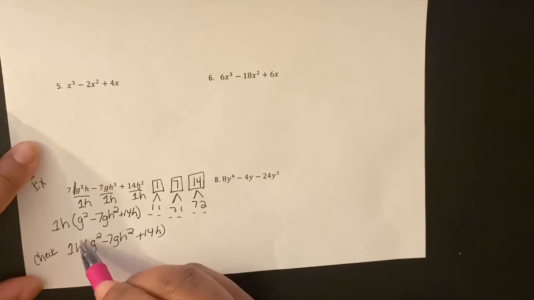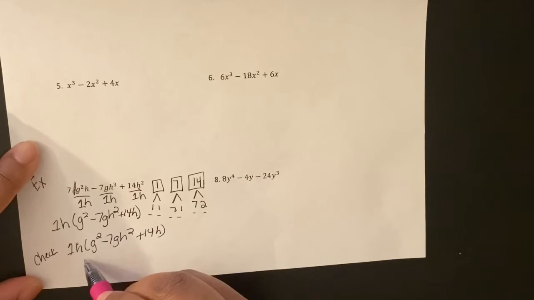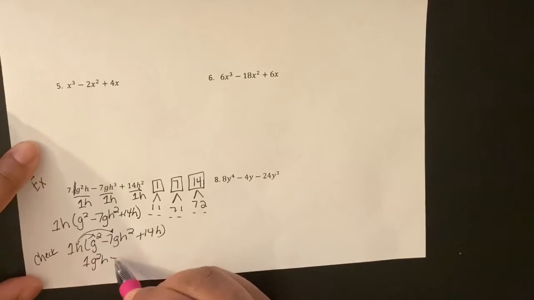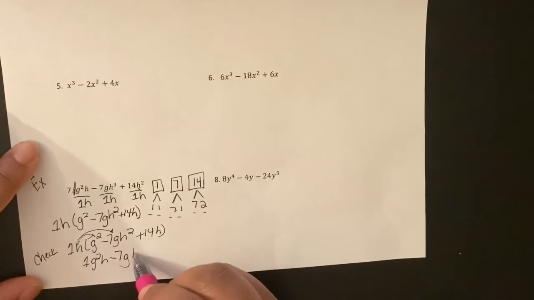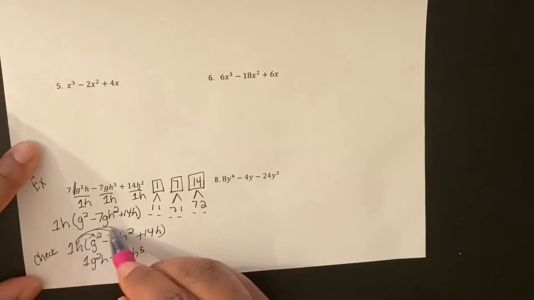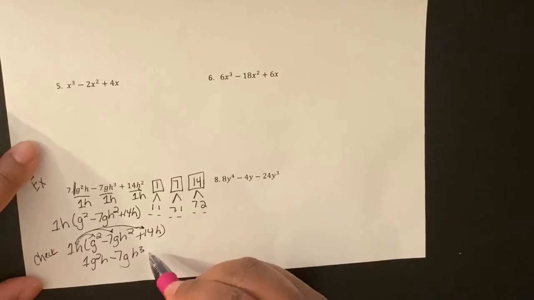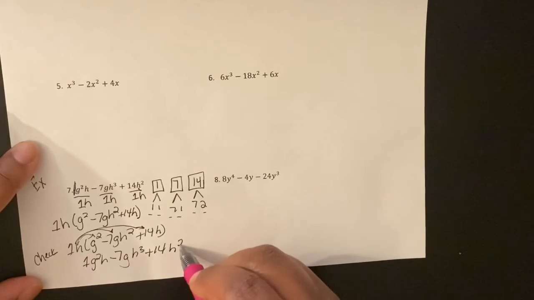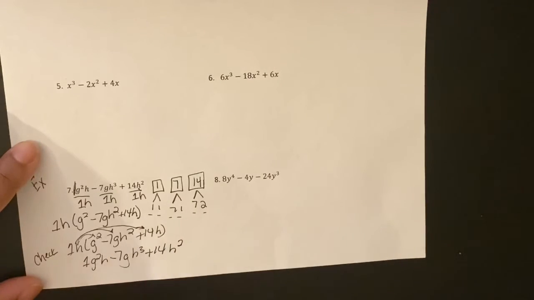That's going to give me 1 g squared h minus 7 g, h times h squared is h cubed, times 1 times 14 is 14h squared. h times h is h squared, which is where we began. Okay.